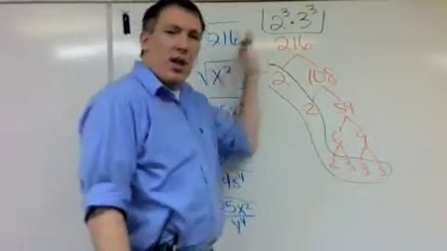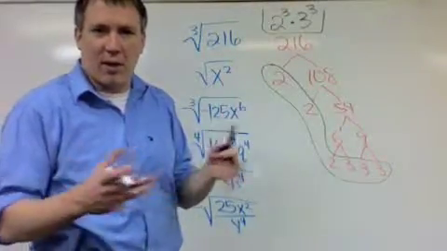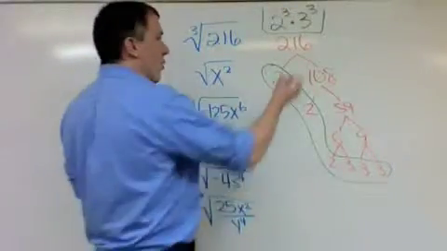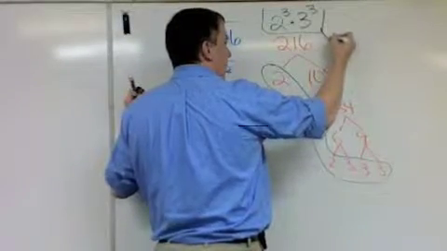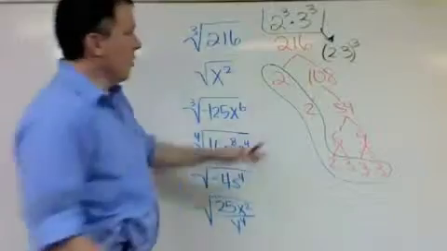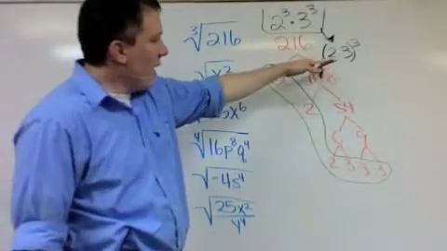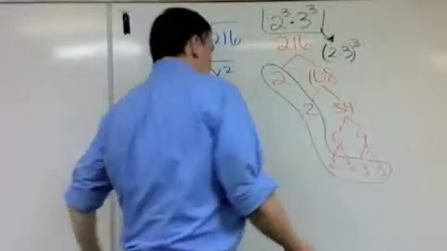So the cube root would just cancel those threes out because, again, the question is, what times itself 3 times? In other words, I could write this as 2 times 3 to the third. 2 times 3 to the third is the same as this. And that would be the same as 6 to the third.